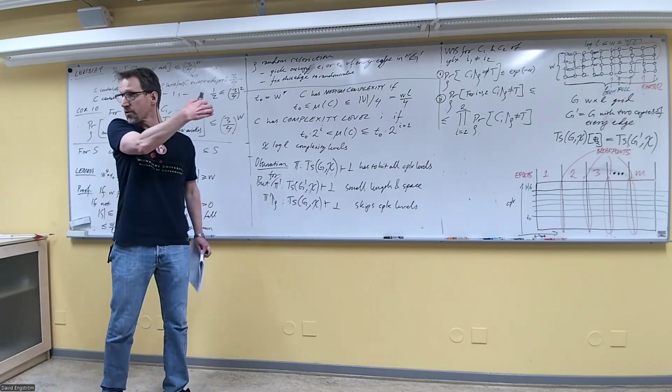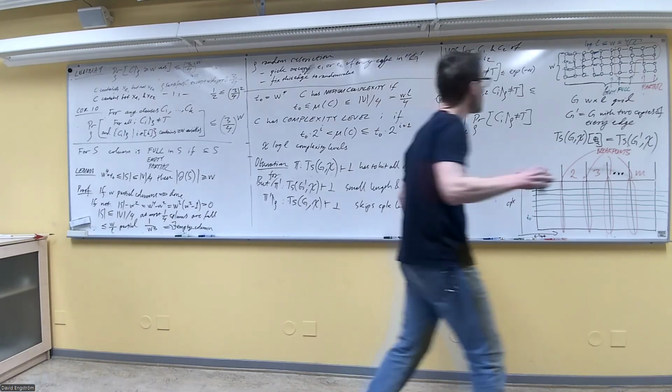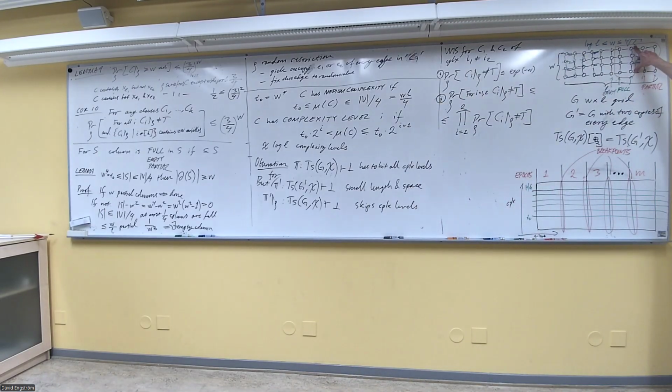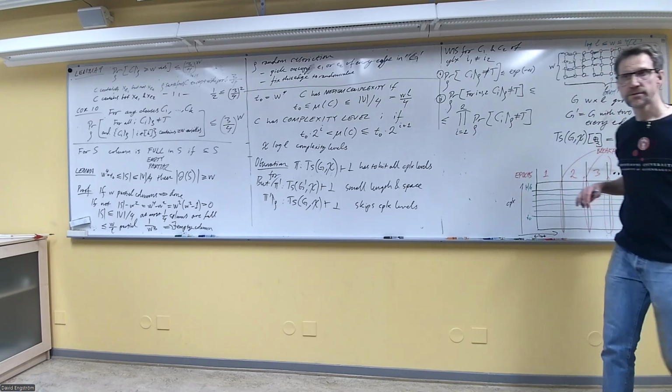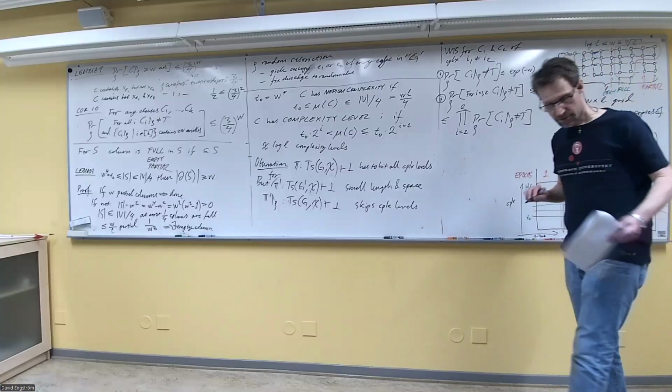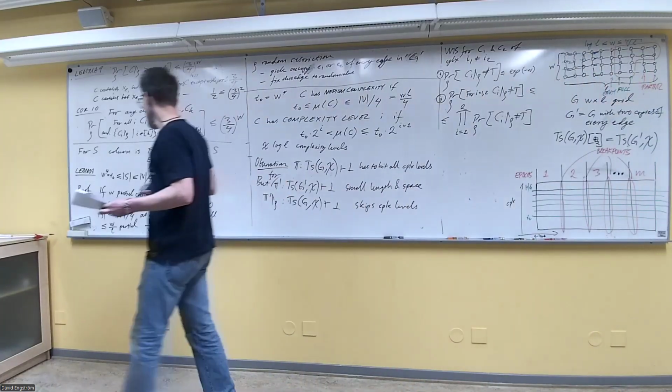Okay, but now I've picked up a full column, say over here, and somewhere there's an empty column. So just walk. In every row, at some point, I cross the boundary. Okay. So then we have this.